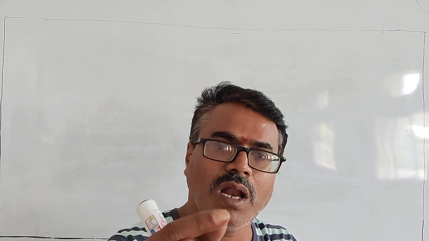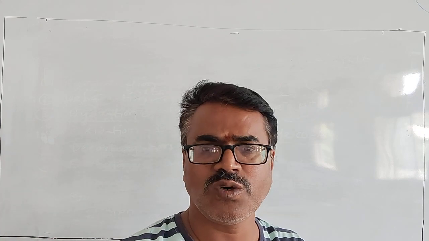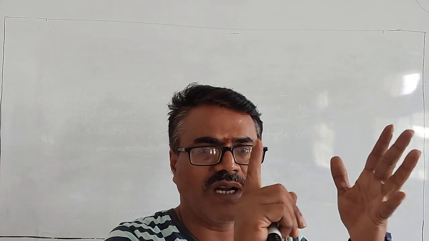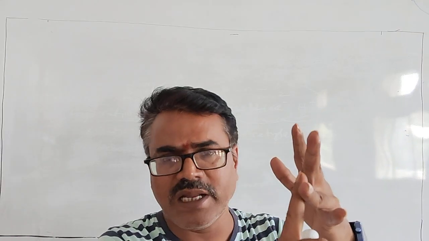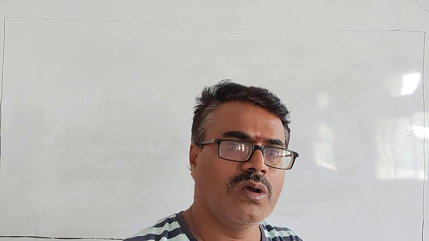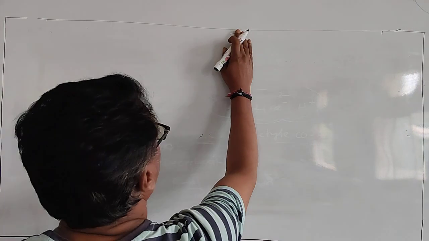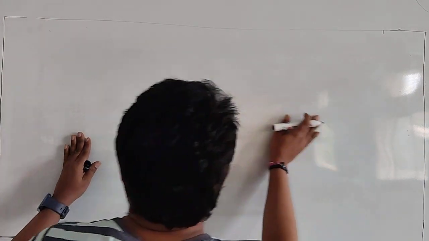Okay, a small mistake: in aerobic respiration, there are totally 3 steps. The first one is glycolysis, the second one is the link reaction, the third one is the Krebs cycle. So it is rectified.